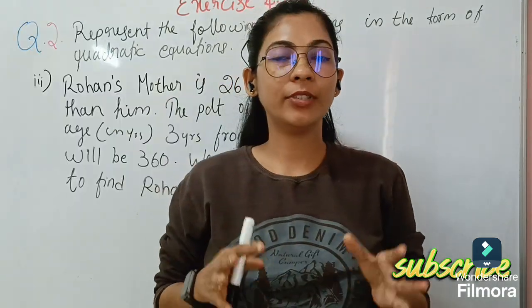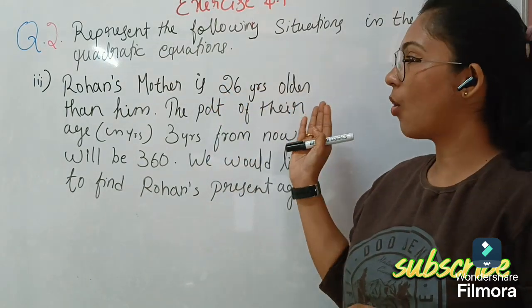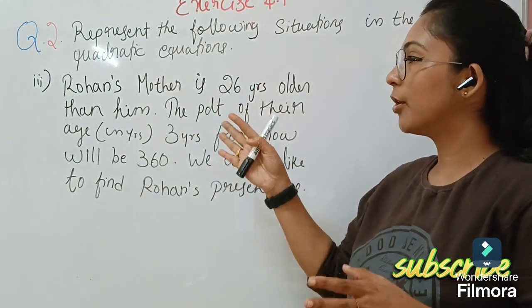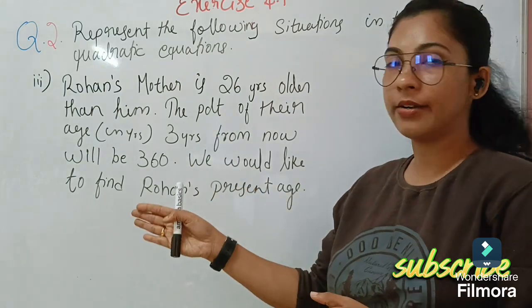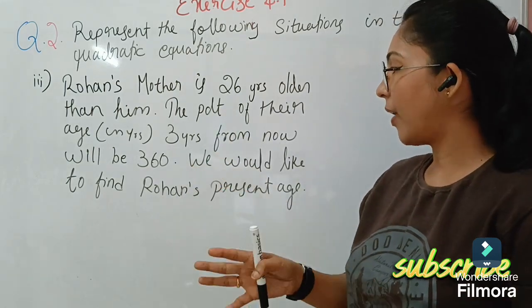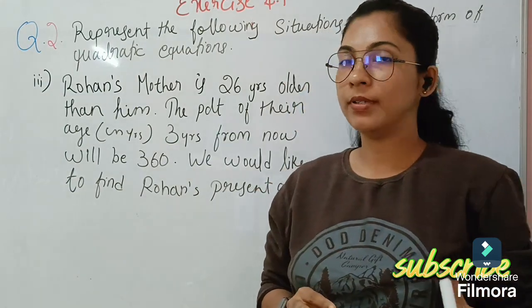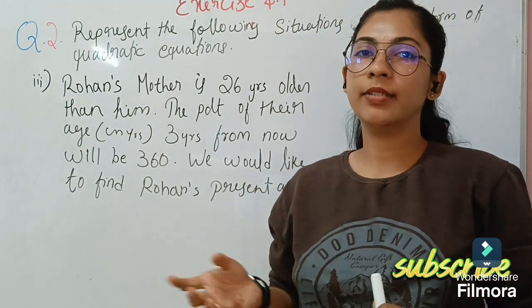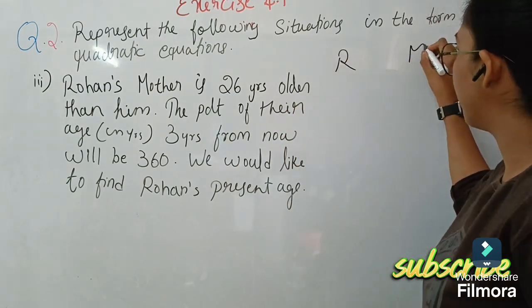Now the third question is: Rohan's mother is 26 years older than him. The product of their ages in years 3 years from now will be 360. We would like to find Rohan's present age. So there are two persons, Rohan and his mother.